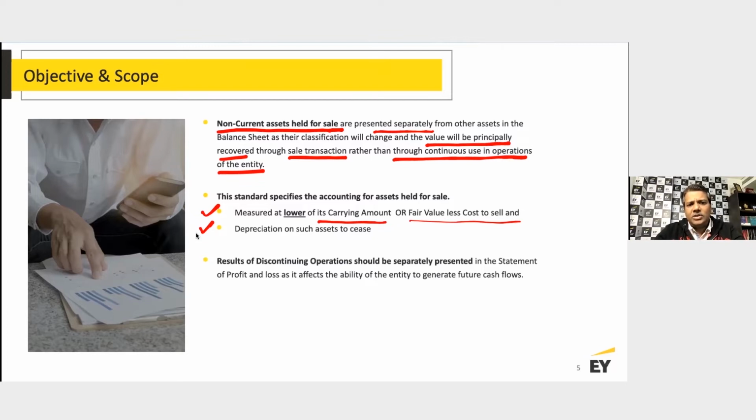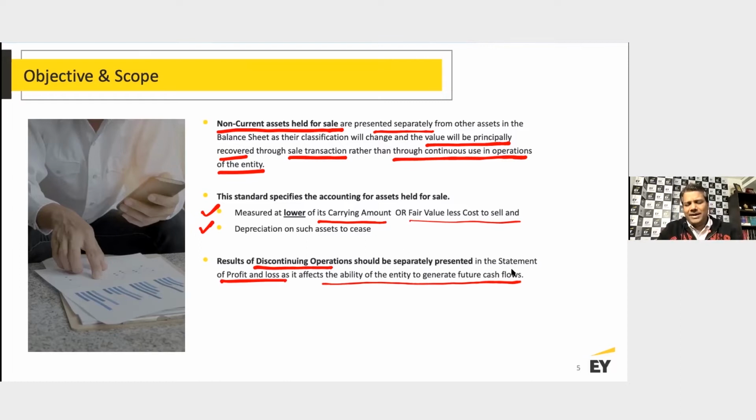Now, results of discontinuing operations. Remember, not all disposal groups which are held for sale are going to qualify as discontinued operation. But if it qualifies also as a discontinuing operation, and we will talk about that, it should be separately presented in the statement of profit and loss, as it affects the ability of the entity to generate future cash flows.